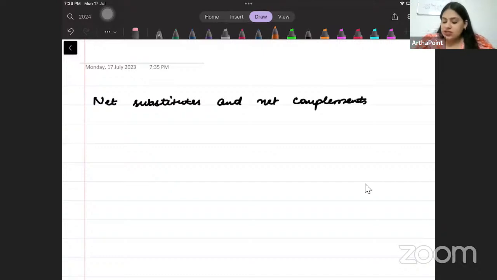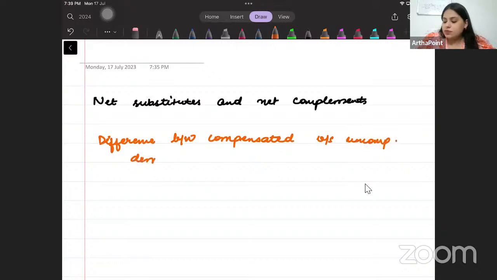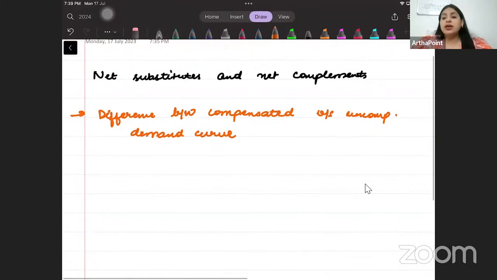We talked about the difference between compensated versus uncompensated demand curve. We also drew these two demand curves. We said which is going to be flatter, which is going to be steeper. Ye pura cheez humne अच्छे से किया था. Then I told you that whenever we talk about net, it is always going to be based on the compensated demand curve. And that is why it is important to understand the compensated demand curve.